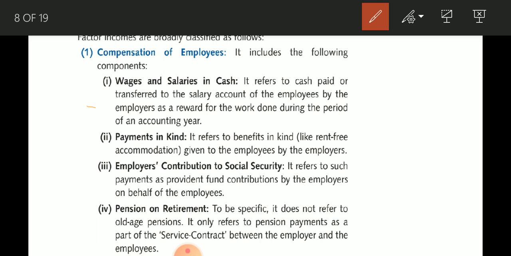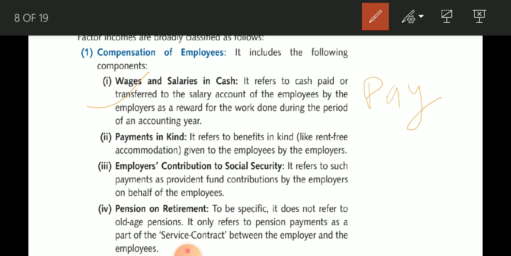The first component of the income method is compensation of employees, and it includes four things. First, wages and salary in cash, which is the basic payment given to employees. It also includes TA, DA, house rent allowance, bonus, sick leave, and leave travel concession.